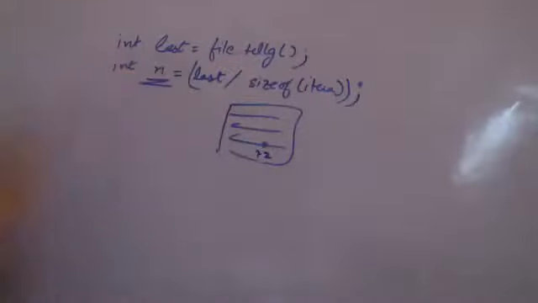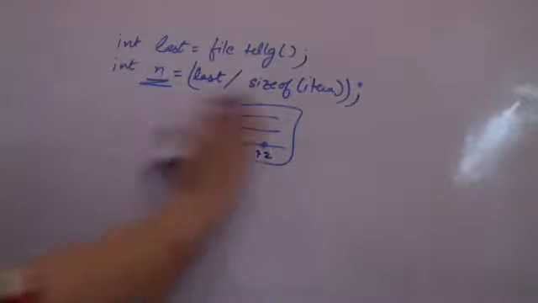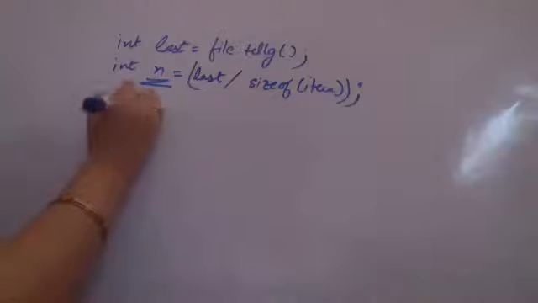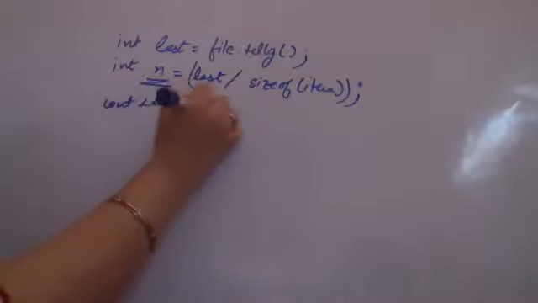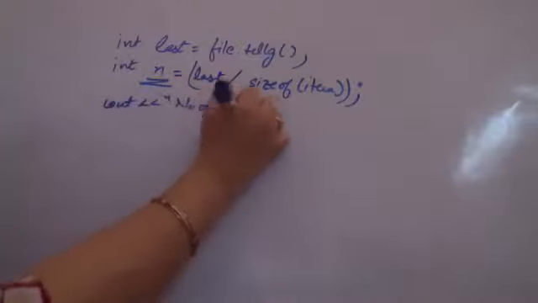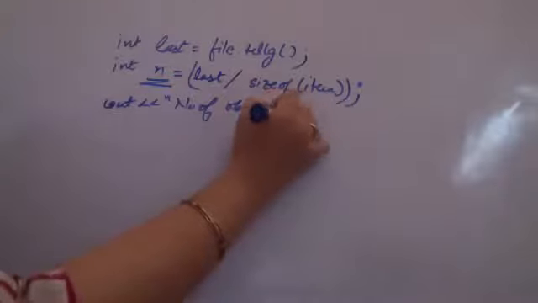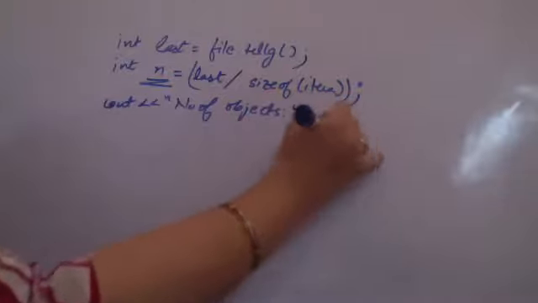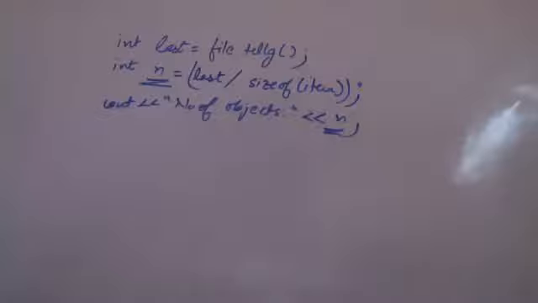So if I get this, I will be getting the number of objects here. So how many objects are in the file, that I have got. I can print them also. Number of objects, and I can print the value n, so that I will know how many items are there in the file.